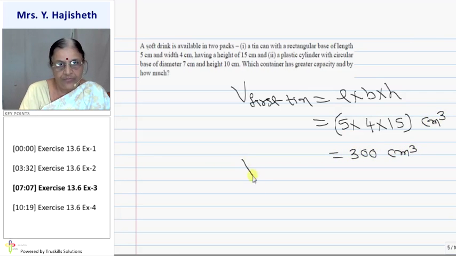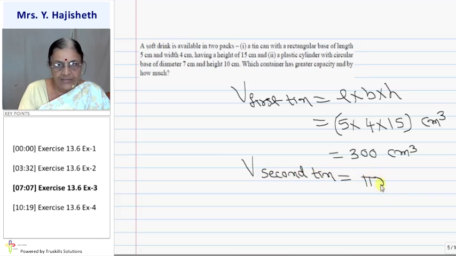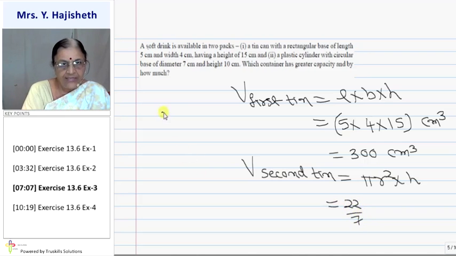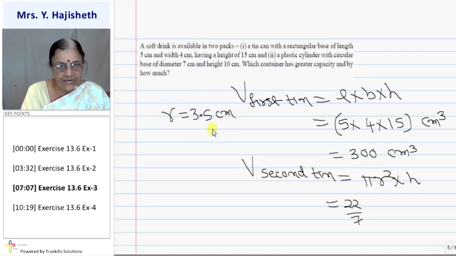Now volume of second tin. It is a cylindrical in shape. Okay. तो उसका आएगा pi r square into h. Pi is 22 by 7. R is given as 3.5 centimeter. 7 centimeter diameter है ना. And h is given as 10 centimeter.